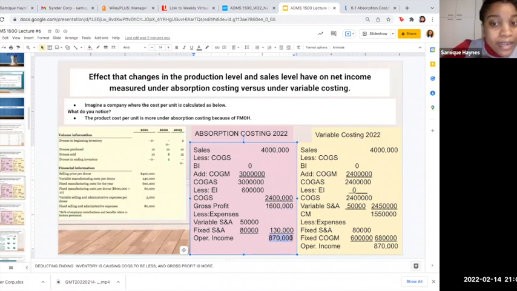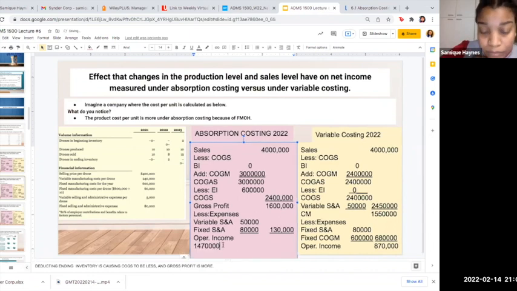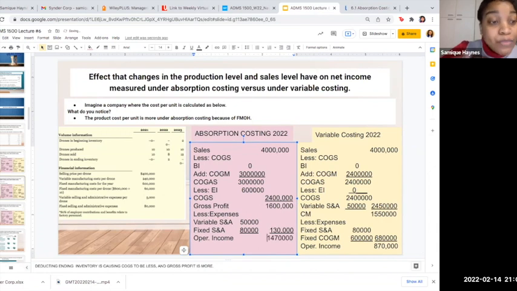Is that going to make our net income more or less? Higher. Anybody else see that it's going to get higher? It was 870,000. Our cost of goods sold is less. Our gross profit is more. So our operating income is also going to be more. It's going to be 1,470,000 because we have ending inventory.